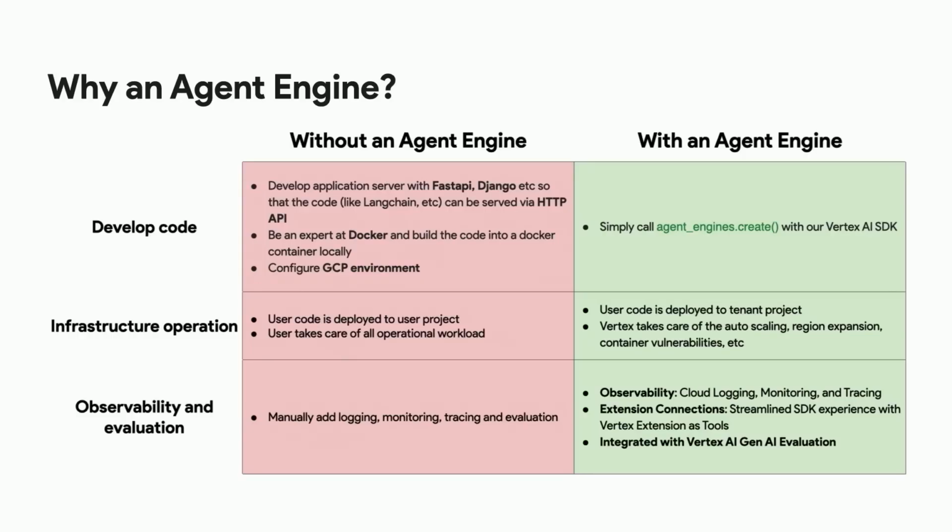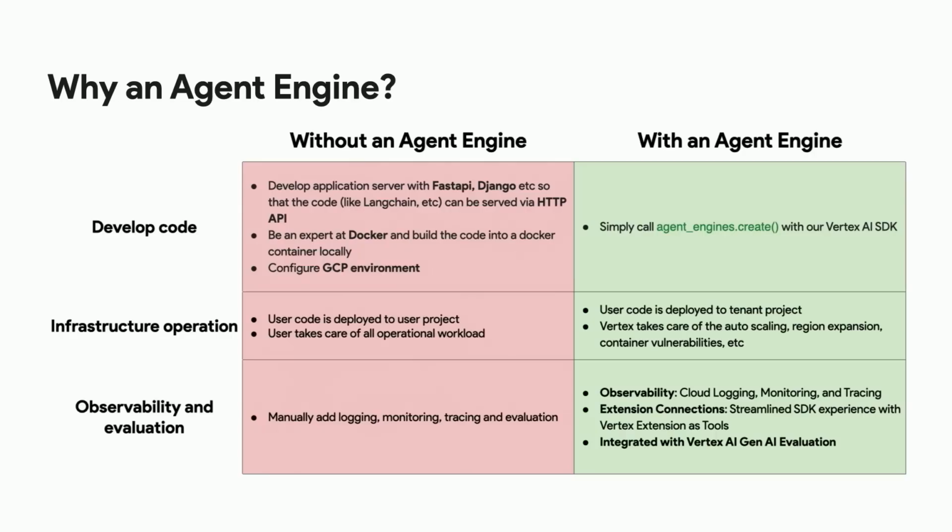You need to get your agent code, wrap the agent in a service like FastAPI or Django, build your container, and figure out your environment to run it, which can be a GCP environment. Then you need to handle all the operations related to infrastructure.